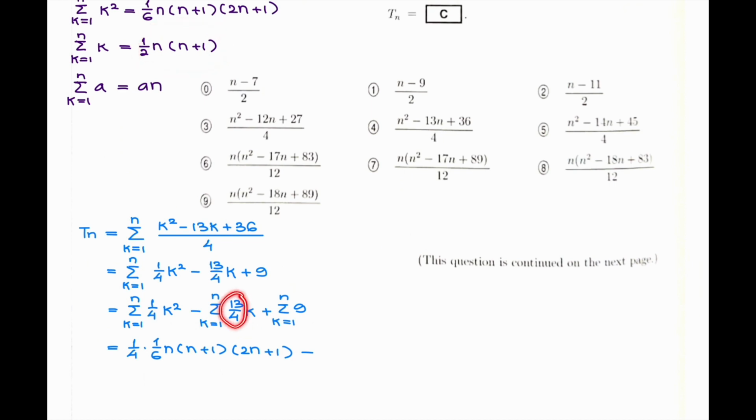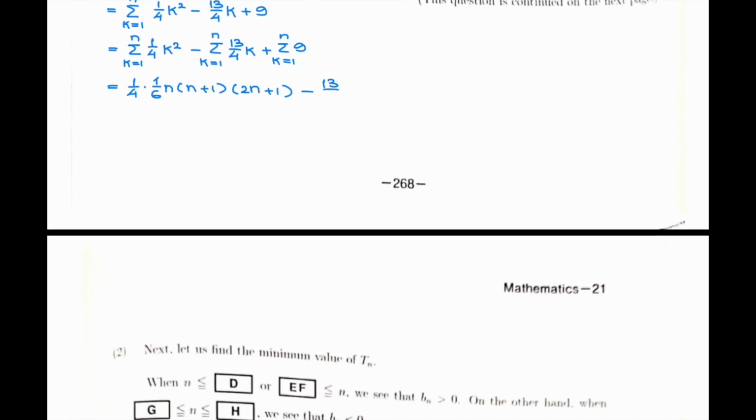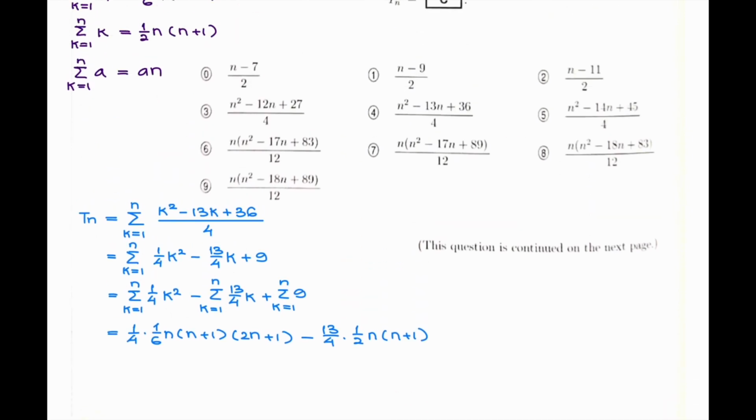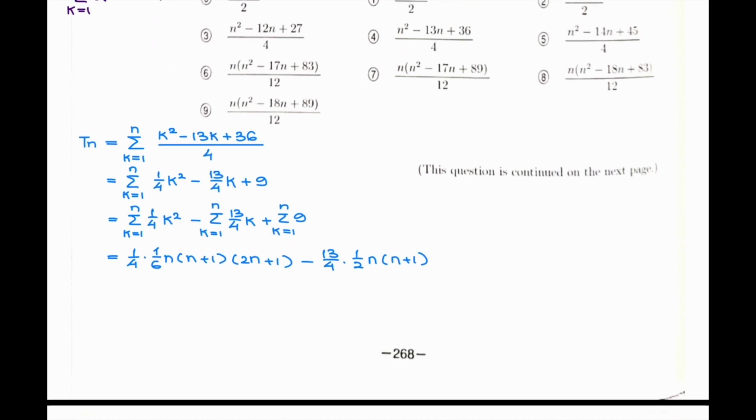So 13 over 4 times half n, n plus 1. And then for the last part, I will obtain the sum of 9, which is 9n. So 9n here.